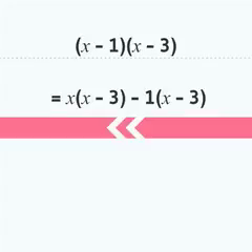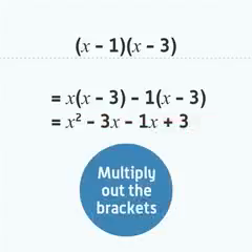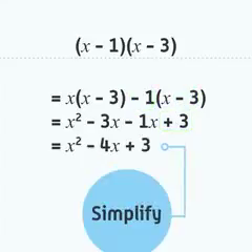Notice how this looks like the previous example. Now multiply out these brackets to get x² - 3x - 1x + 3. Notice the plus 3 from multiplying minus 1 and minus 3 together. Simplify to get x² - 4x + 3.